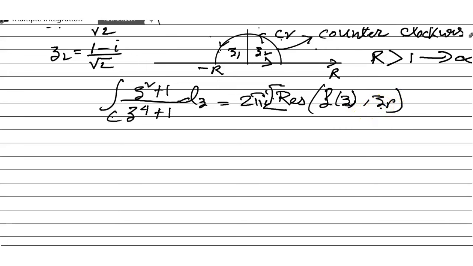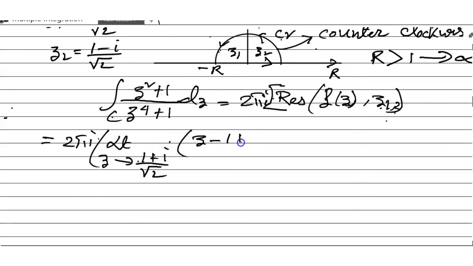Zr means z1, z2. So how can I write it? It can be written 2 pi i, limit z tends to (1 plus i) divided by root 2, of (z minus (1 plus i) divided by root 2).